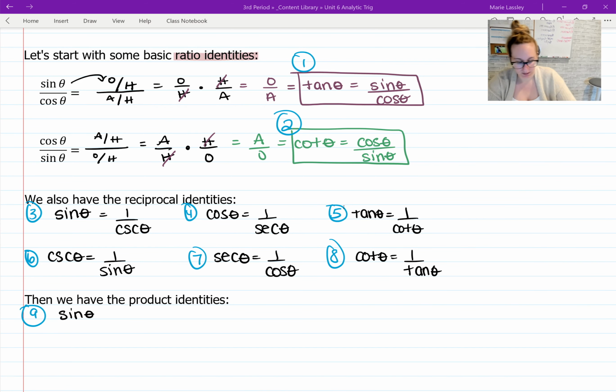Well, we can do a little bit of work here, right? So instead of just telling you what it is, I'm going to show you. If we leave sine as is and we change cosecant to be 1 over sine, right? Because right above there, number 6, cosecant is 1 over sine.